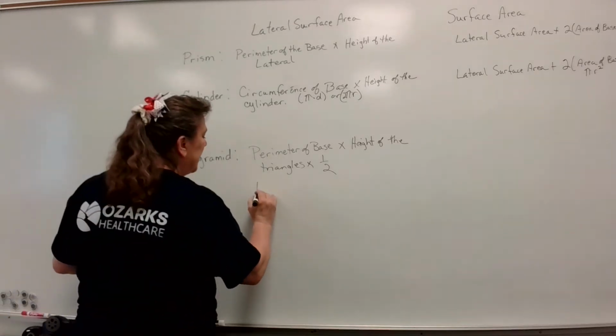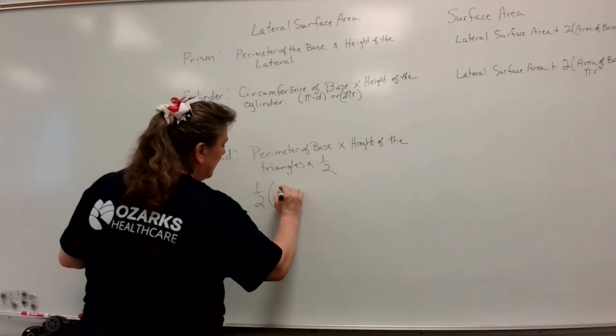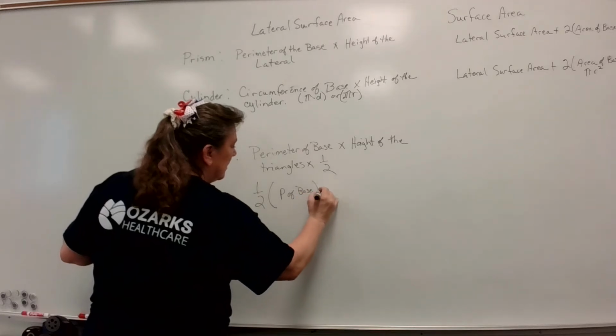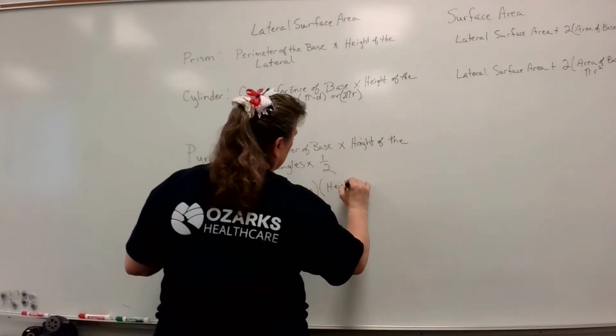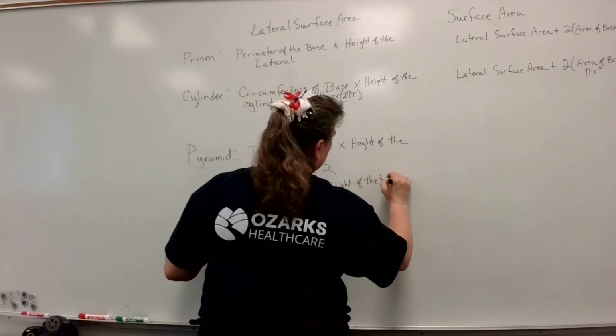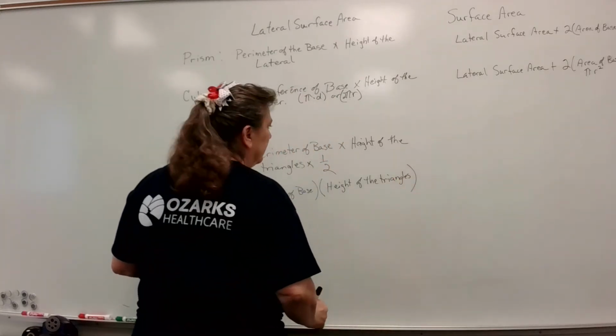So you might want to write this: 1/2 times perimeter of base times height of the triangles. And they're all the same height, so it shouldn't matter.